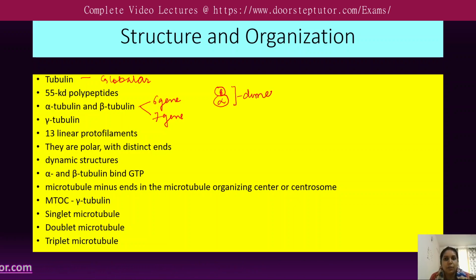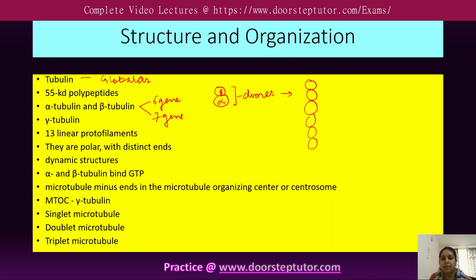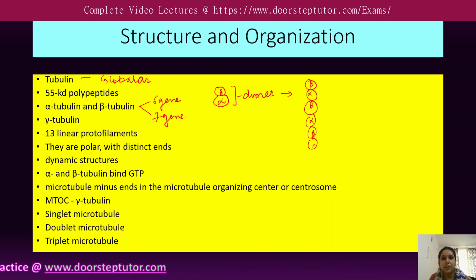After the formation of the dimer, it forms a protofilament, which is composed of a linear chain of these dimers, that is beta alpha, beta alpha, beta alpha. In this way the linear arrangement of these dimers is formed, which is known as the protofilament.